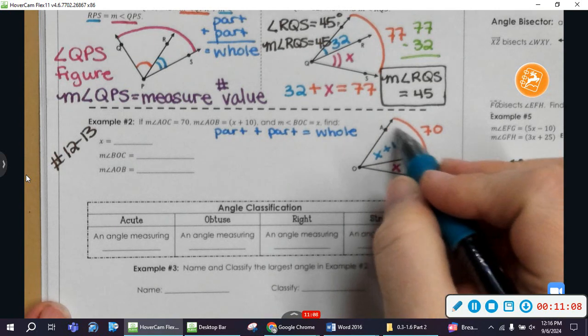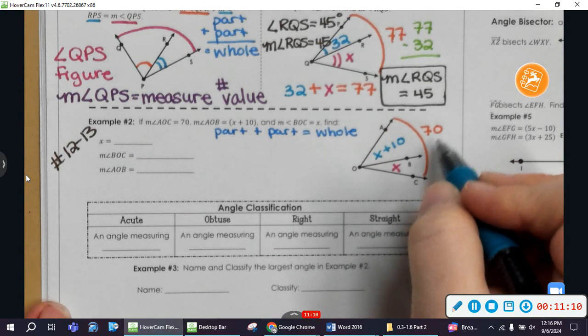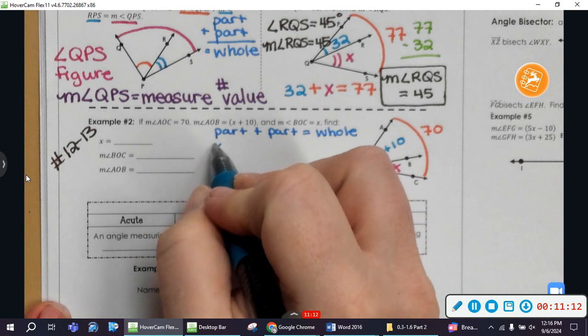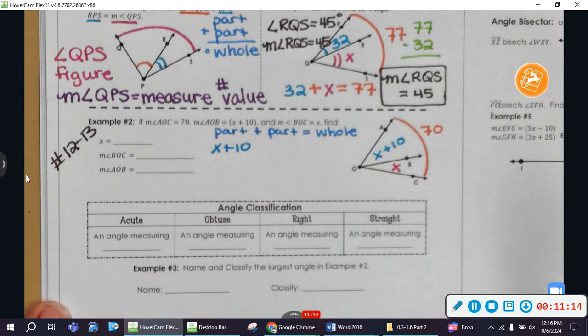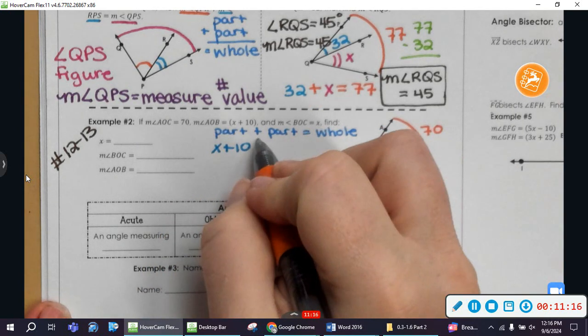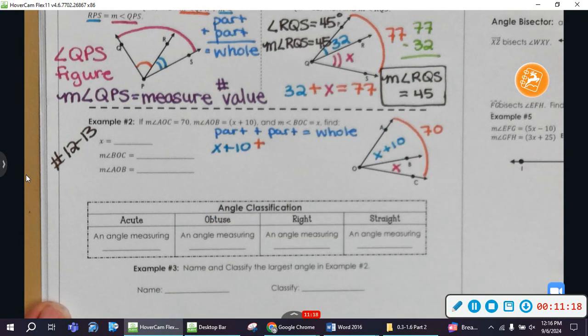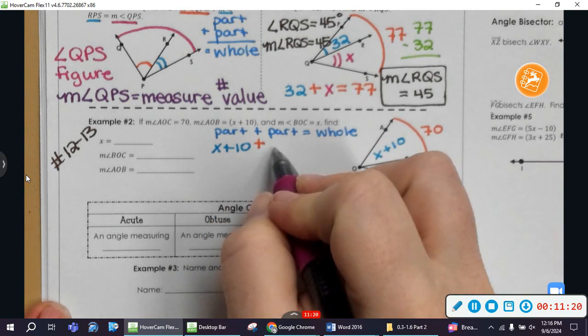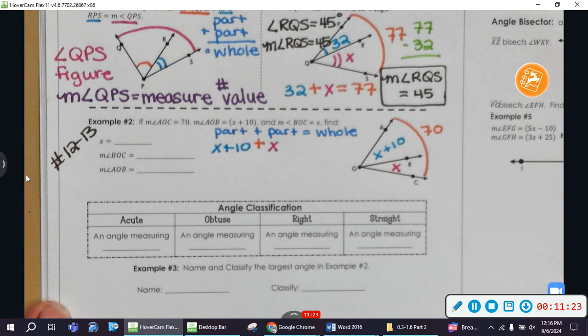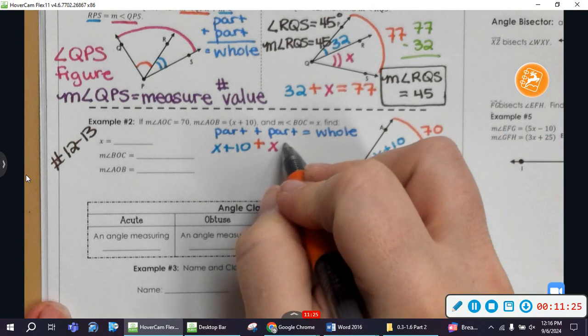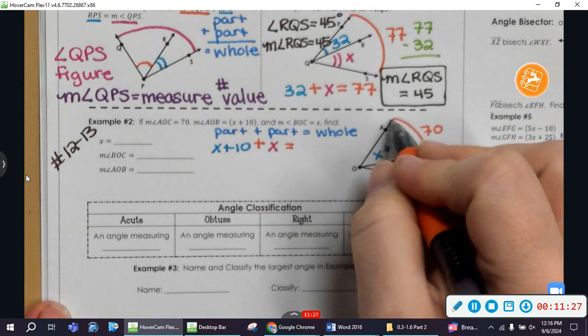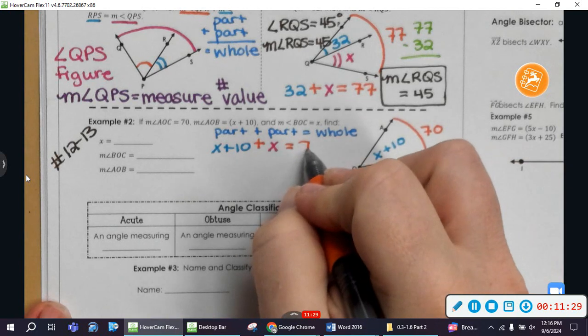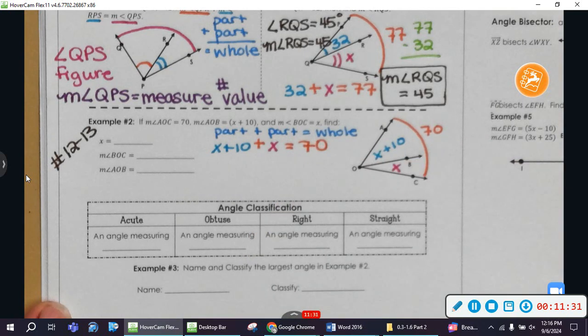So I noticed that part of the 70 is x plus 10. And I notice that the other part of it down here has a value of x. And if I add those two together, it should equal the biggest angle, the whole thing, which is 70.